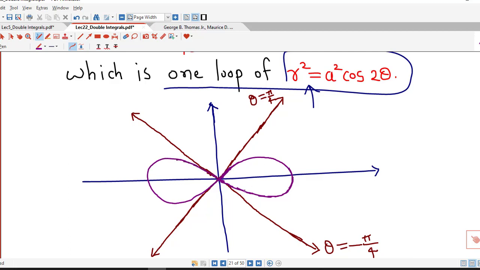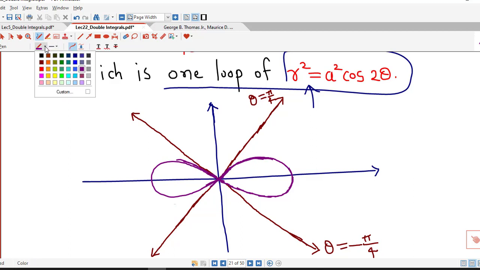So this is the graph of r square equal to a square cos 2 theta. This must be symmetrical, so we will take care that it looks like a loop. But we have to integrate over one loop of the region. The region is one loop of the lemniscate.